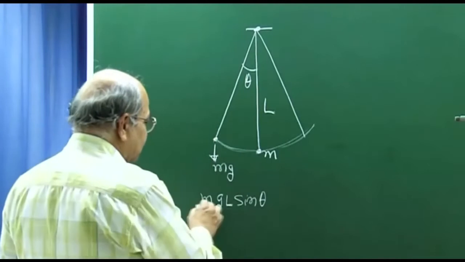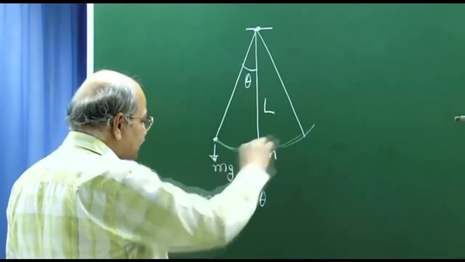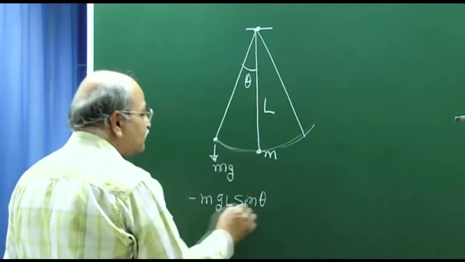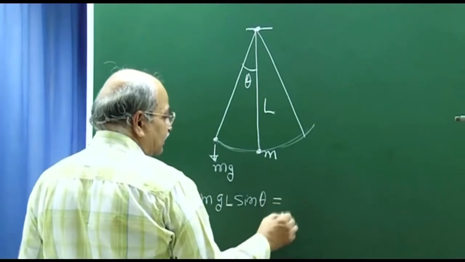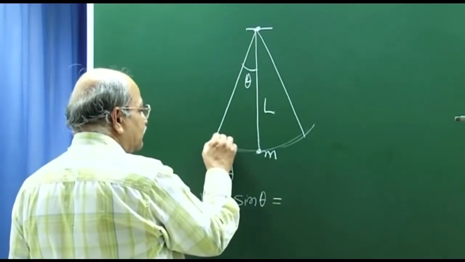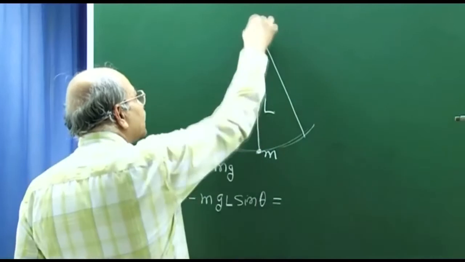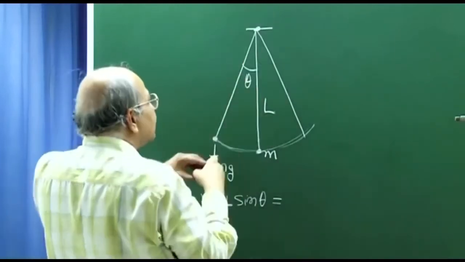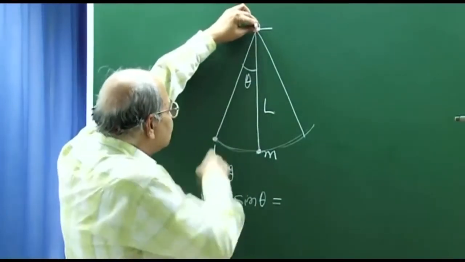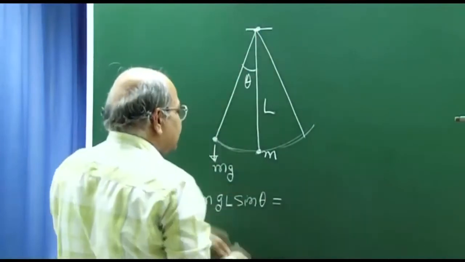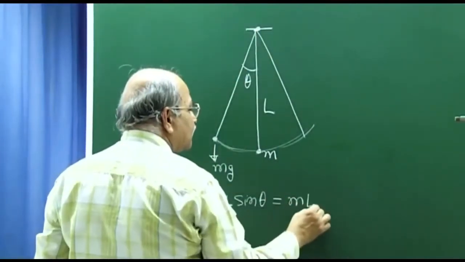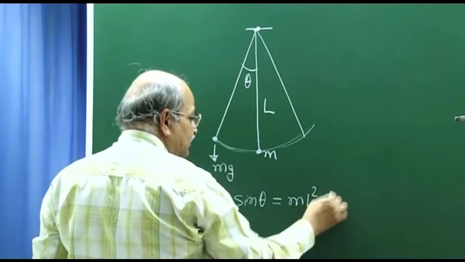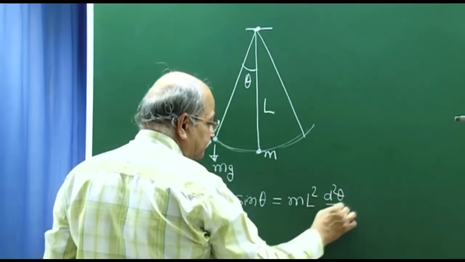So, this is mg L sin theta in the opposite direction, and that should be equal to I alpha. The moment of inertia will be mass times length square. Remember, here is the axis of rotation, so this distance is L. So, it is m L square times d2 theta by dt square.